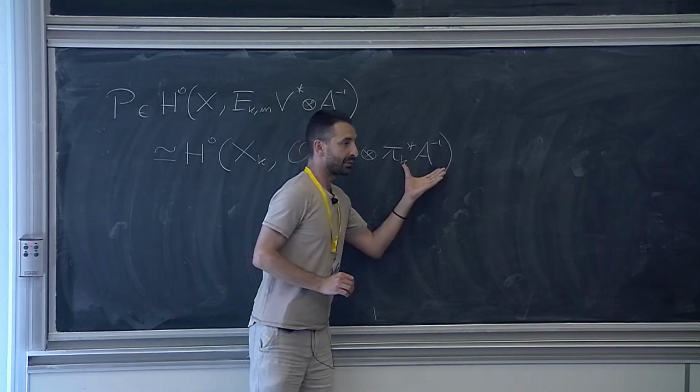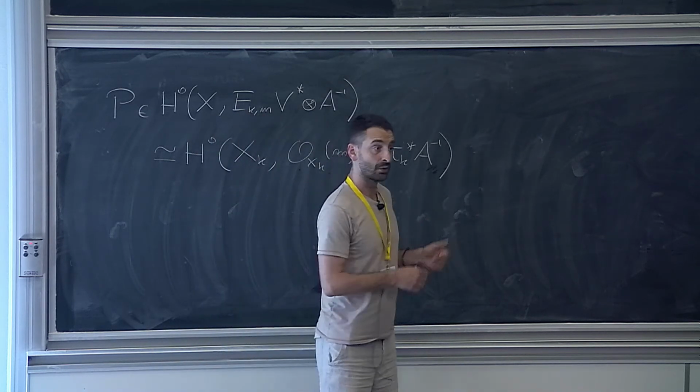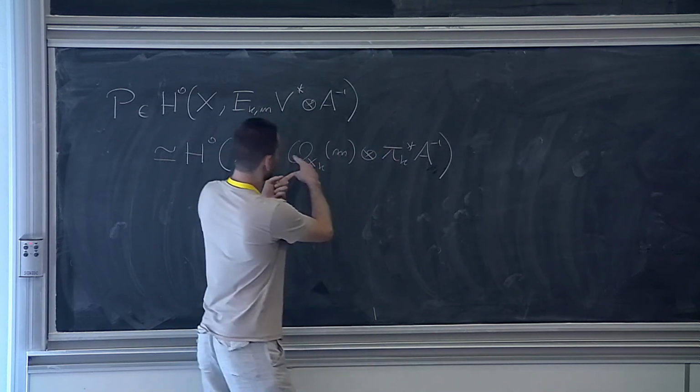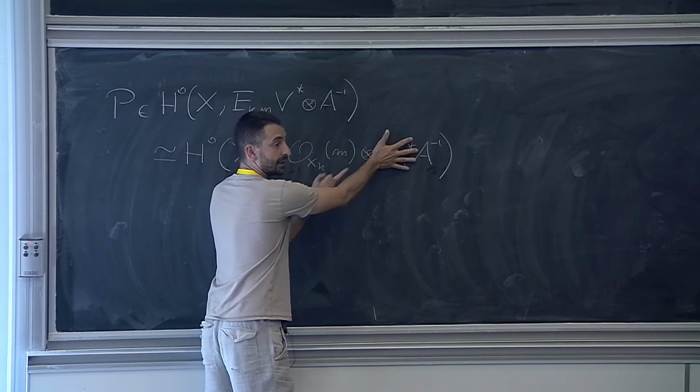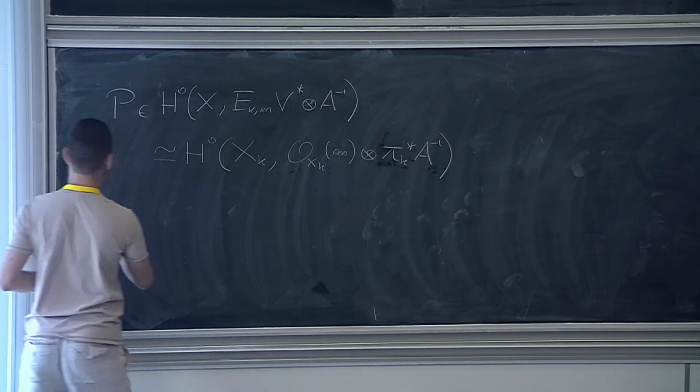You're twisting with something which is anti-ample, so by the Quadratus lemma we saw last day, this is a big line bundle.